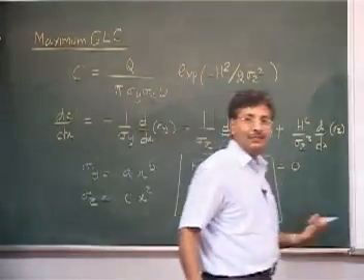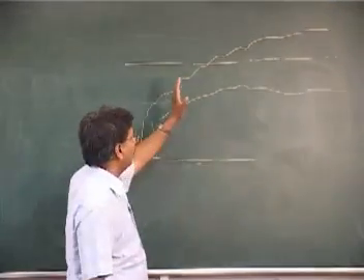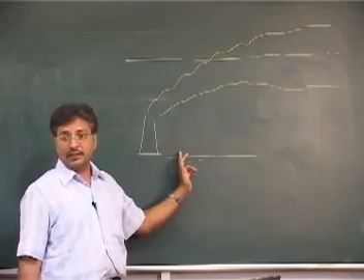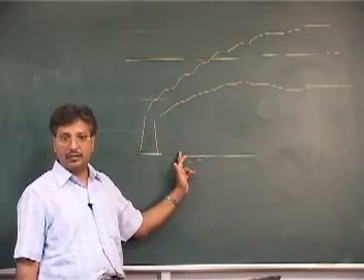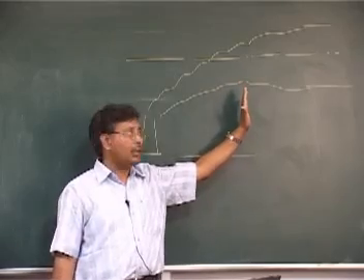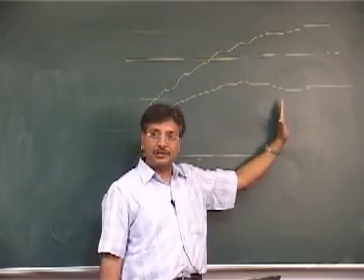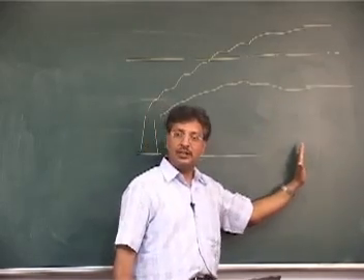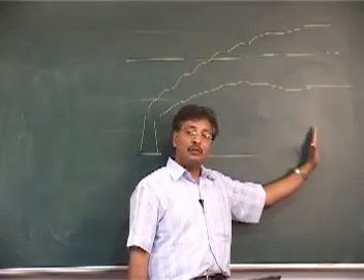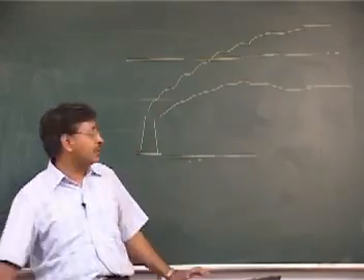What does it mean in the physical sense? The h is fixed, right? Sigma z is changing with respect to x, right? A situation will come where your sigma z, which is constantly changing with x, will be equal to h by square root 2. There will be some distance.